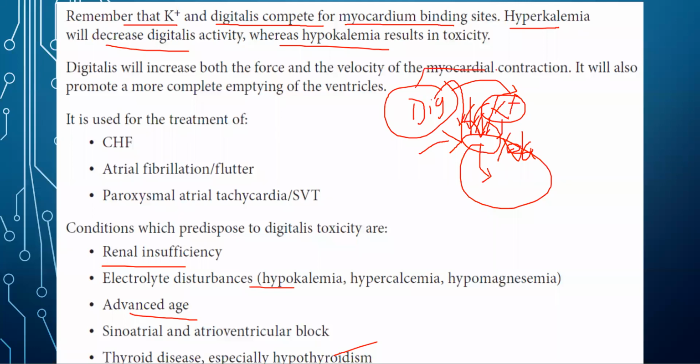Now, in a race, who will win? If your body has more potassium, it will win the race and bind with this receptor, so digoxin will not be able to bind, and there will be reduced activity of the digoxin. Whereas if your body has low potassium, digoxin will win this race and more digoxin will bind to this receptor, right? And when more digoxin binds to this receptor, there is increased risk of toxicity.